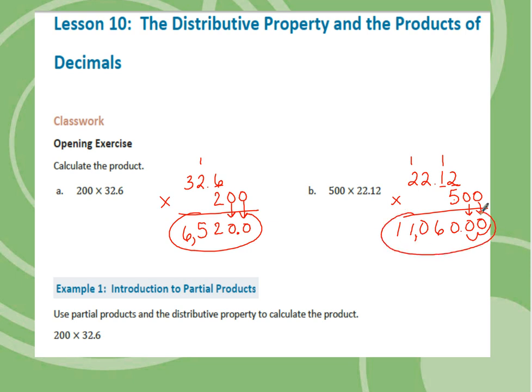Now, as we go on, we're going to take a look at the same example, but we are going to use partial products. And partial means not the complete thing. So instead of multiplying the whole number of 200 times 32.6 and doing it all at once, we're going to do it in smaller sections.